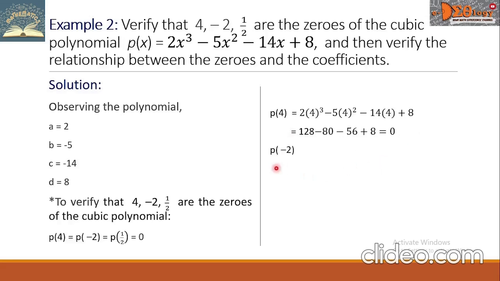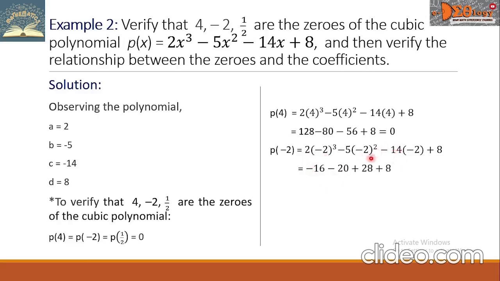What about P of negative 2? Evaluating now, we have 2 times the cube of negative 2 minus 5 times the square of negative 2 minus 14 times negative 2, then plus 8. The cube of negative 2 is negative 8 times 2 will be negative 16.